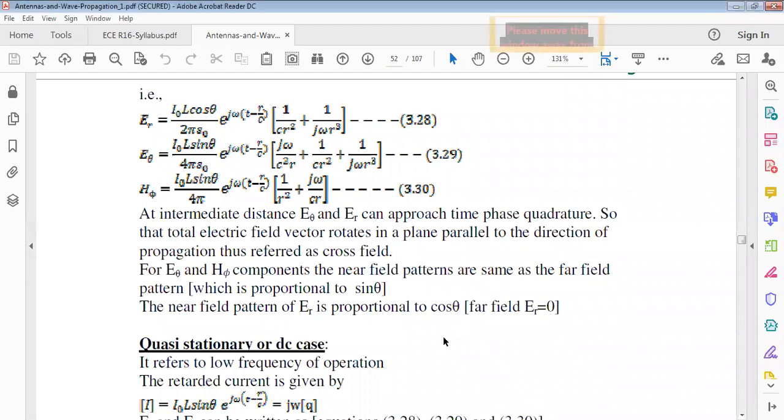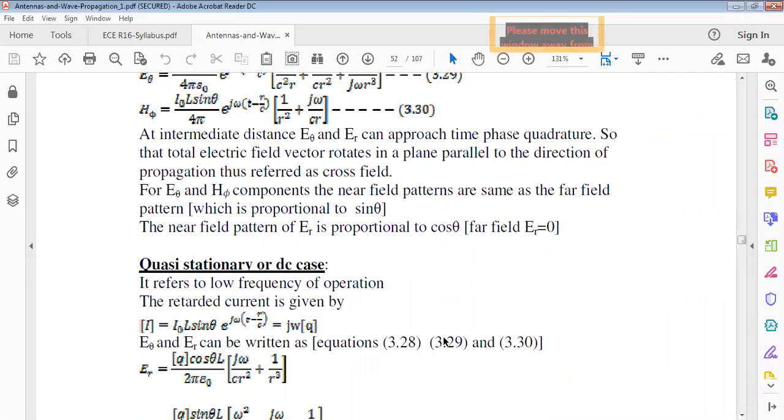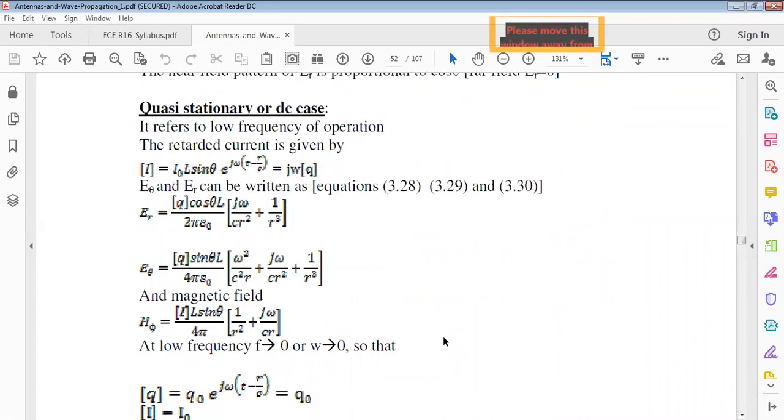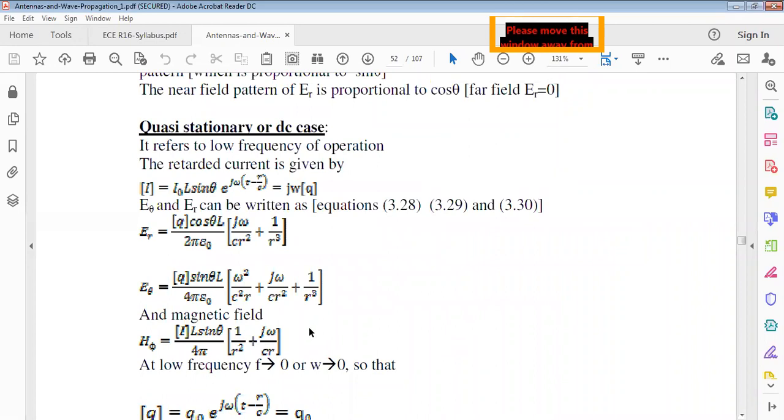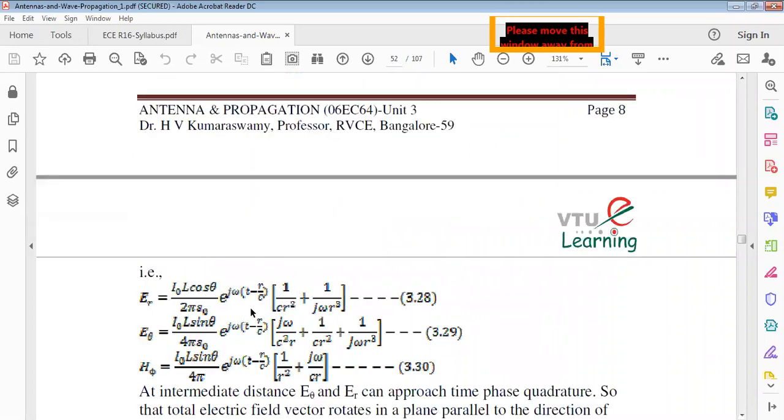We don't require this quasi-stationary or DC case. What is meant by quasi-stationary or DC? What is meant by DC? When we multiply this magnitude term with these components, upon simplification some of the terms don't have the cos theta or sin theta component.